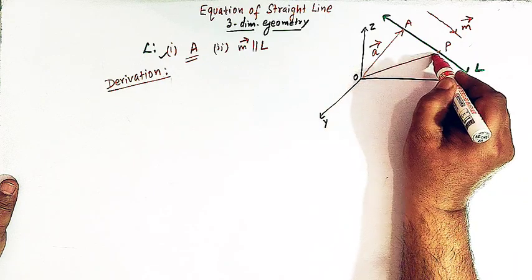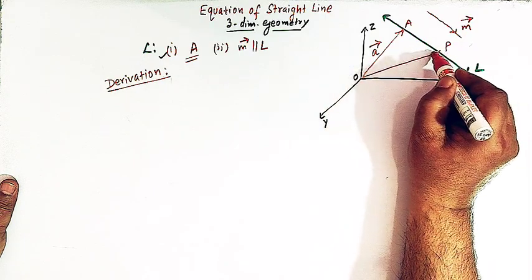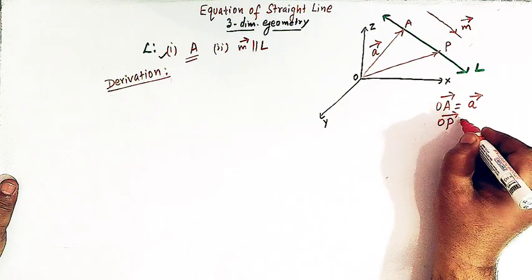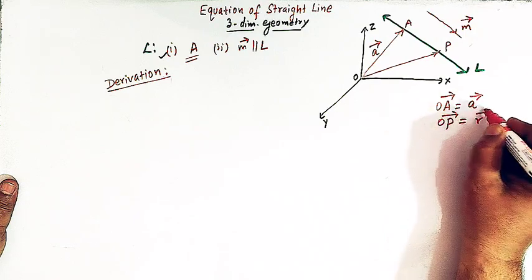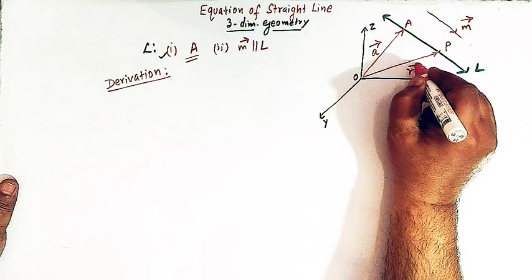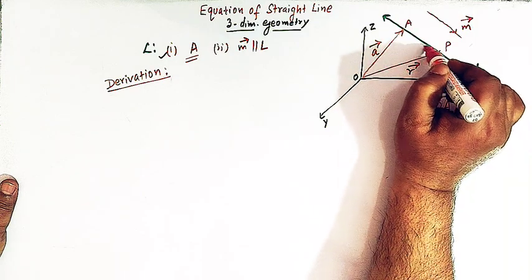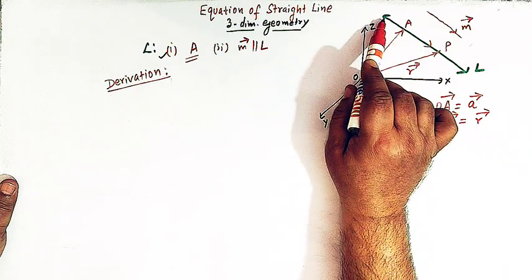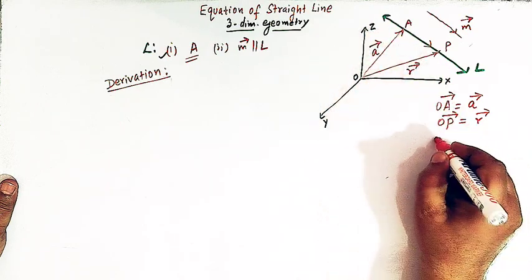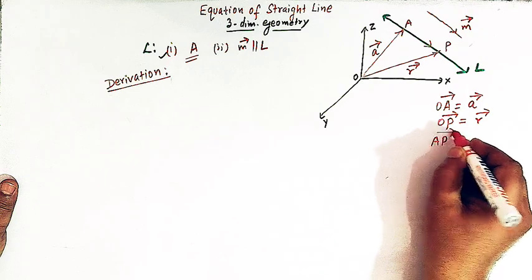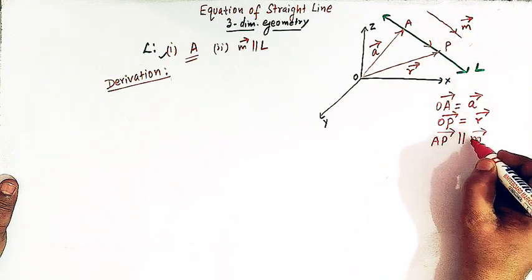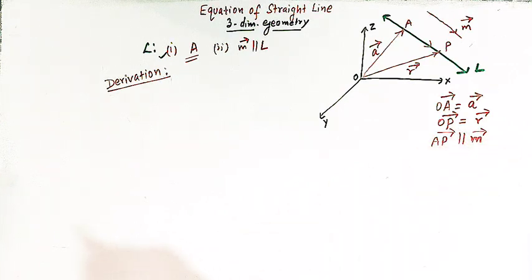The position vector of this point P, that is vector OP, is given by vector R. And here we have the vector AP, which is parallel to our vector M. The vector M is given to us.